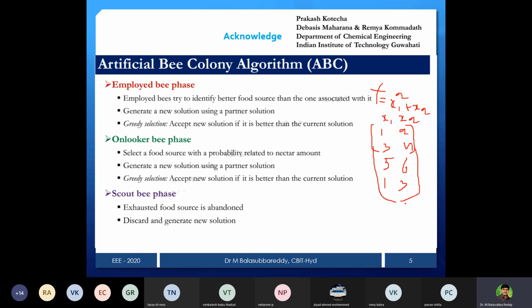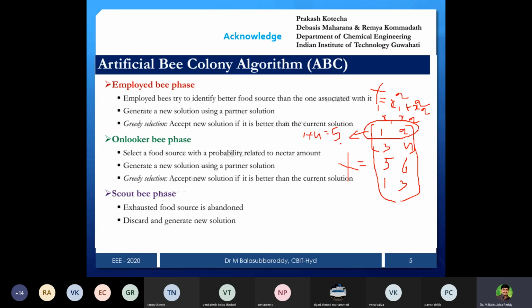How will you get the function value? These are the randomly selected x values, x1 and x2. If I take x1 equal to 1, x2 equal to 2 and substitute here, I get F1. What is that value? 1 square plus 2 square, that is 1 plus 4, which gives 5.